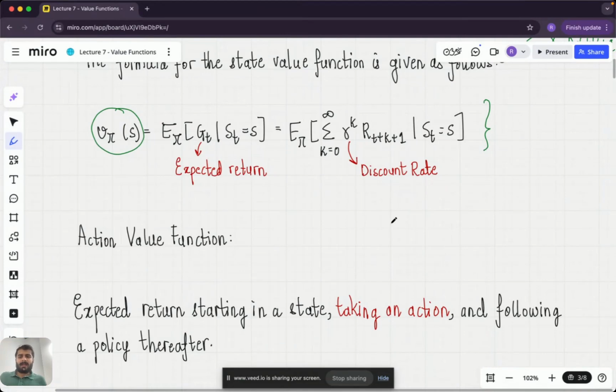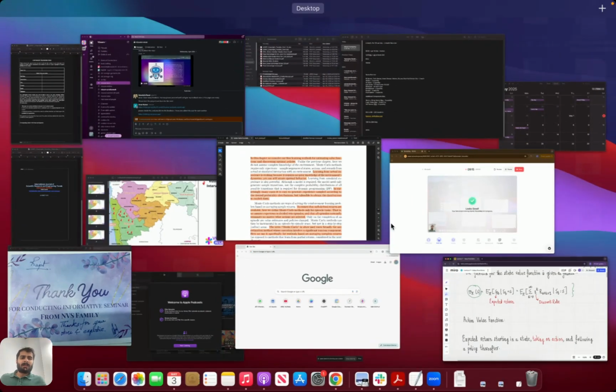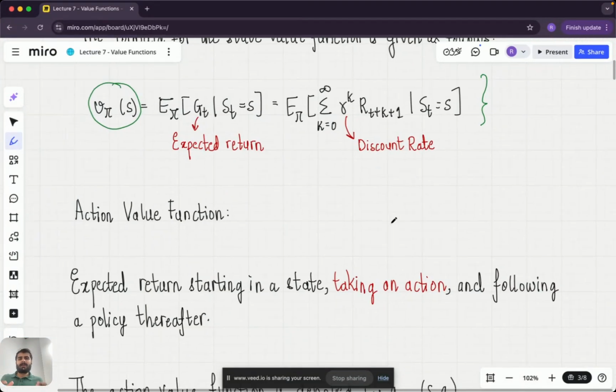Okay, so the action value function means that we are still calculating the expected return from a state, but the only difference as compared to a state value function is that here we are calculating the expected return after the agent takes an action and then follows the policy pi.